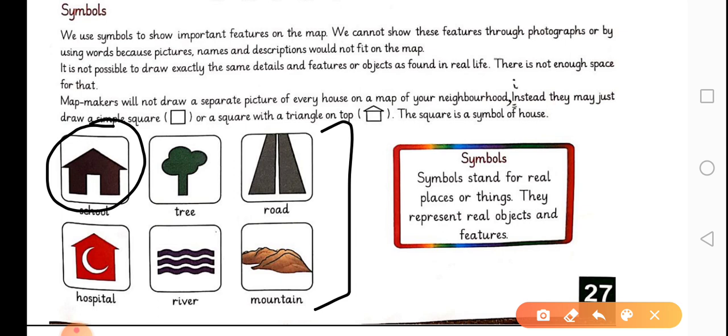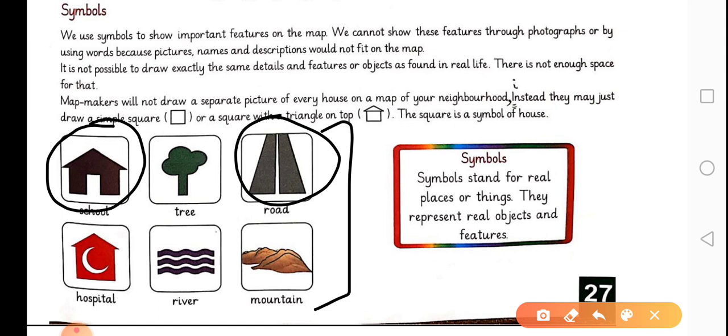Whenever you see a symbol like this on a map, it means school. Similarly, if you see these two parallel lines, it means a road, because it is very difficult to draw a road with complete details in a map. So the map makers, they use symbols.